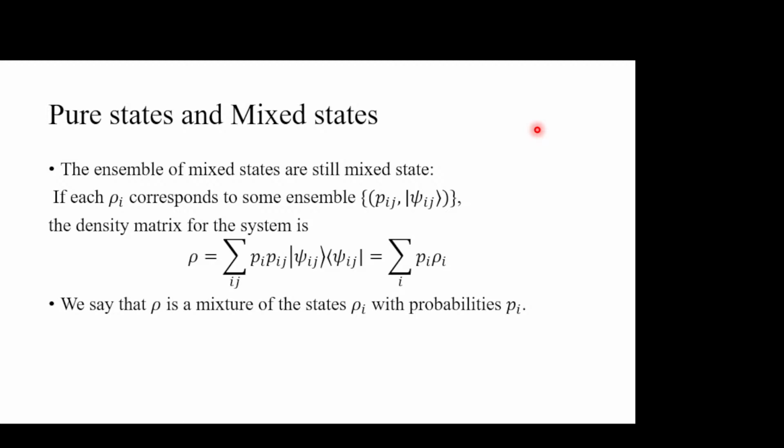But what if you take this one level higher, and now we have a probability mixture of mixed states? It turns out that if you put even more probability inside, it can still be described by a density matrix. So whatever classical probability you put in your quantum system, it can all be described by mixed states.